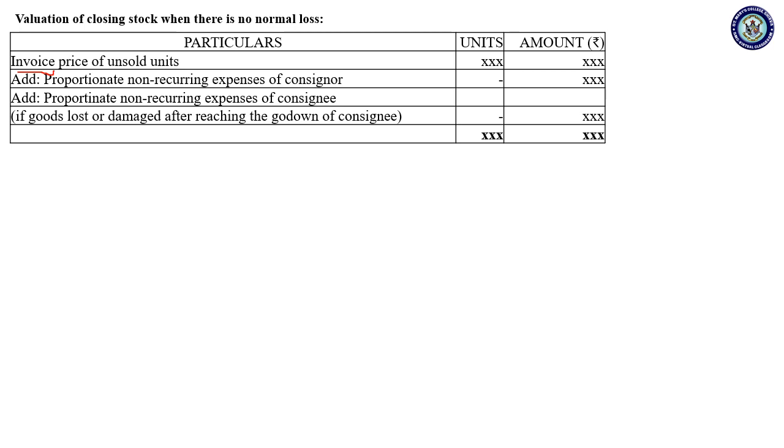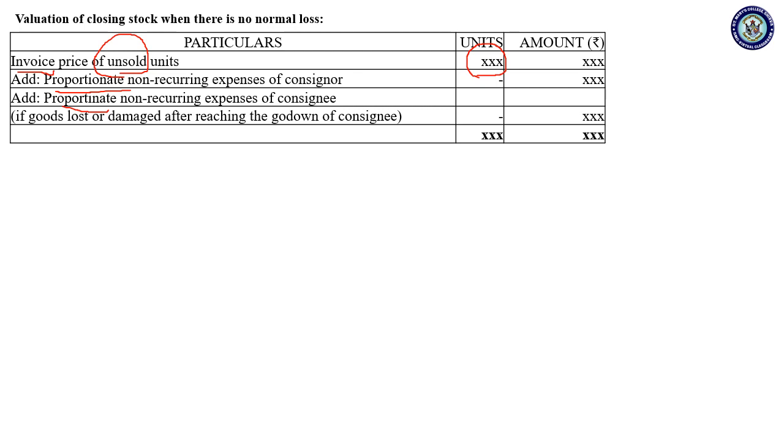Then you have to add the proportionate non-recurring expense. The proportionate calculation I will explain when I solve the problem. Now you are taking only unsold units, not total units, so it is proportionate.